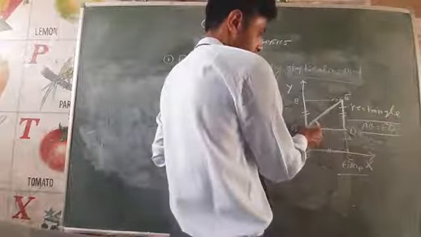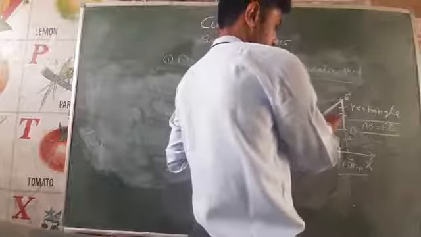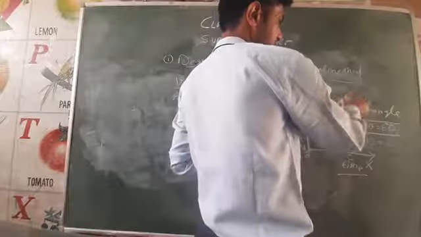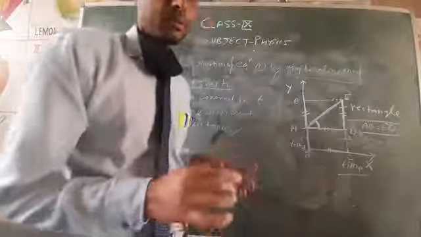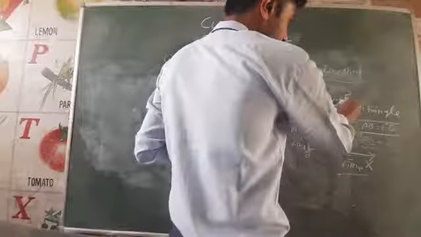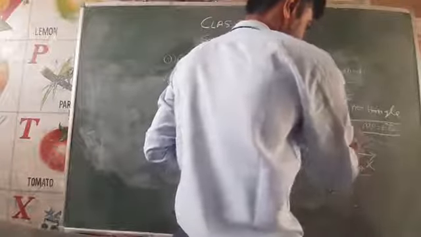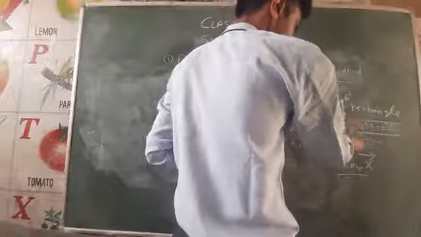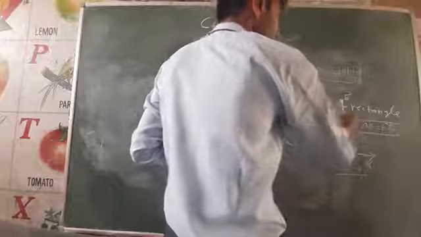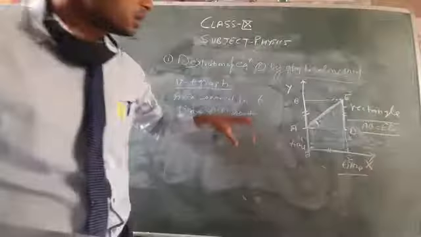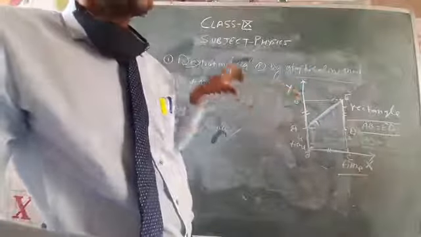It means after that the velocity changes with a uniform acceleration, reaching point E. So this is your velocity-time graph, and this area represents the distance covered in time t.